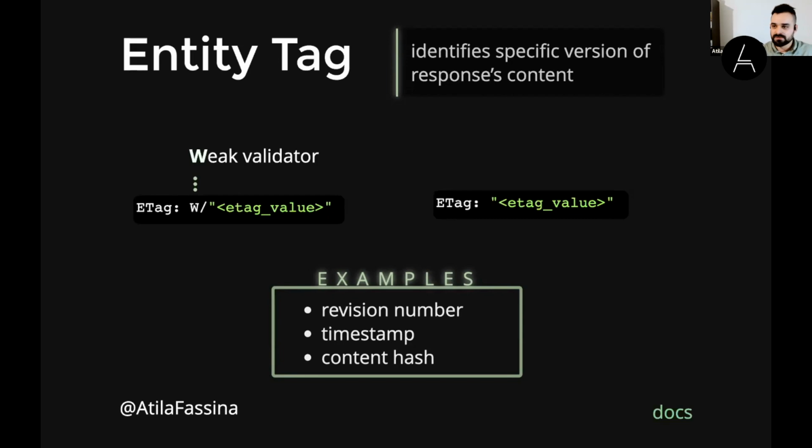MD5 hashing can become expensive for your server. So it really depends on when you want to force the revalidation of your cache. Any of those are possible. Just the W indicates when the content and the response are not byte for byte the same.